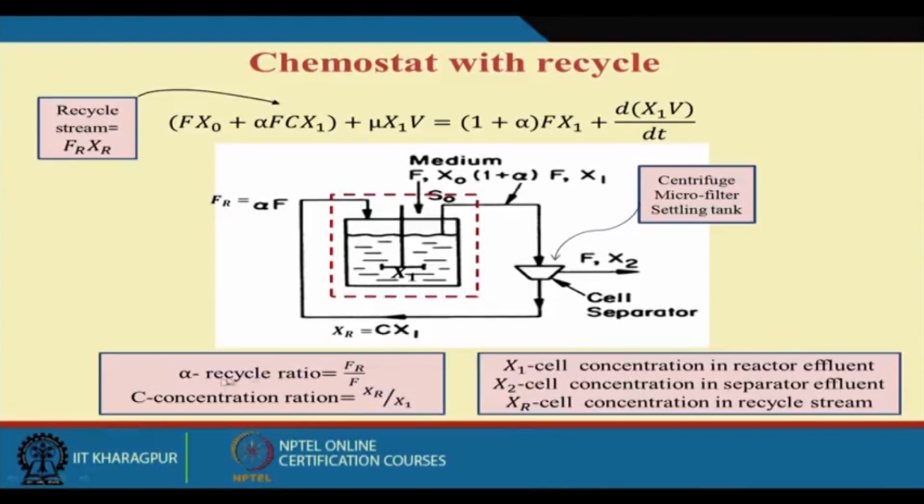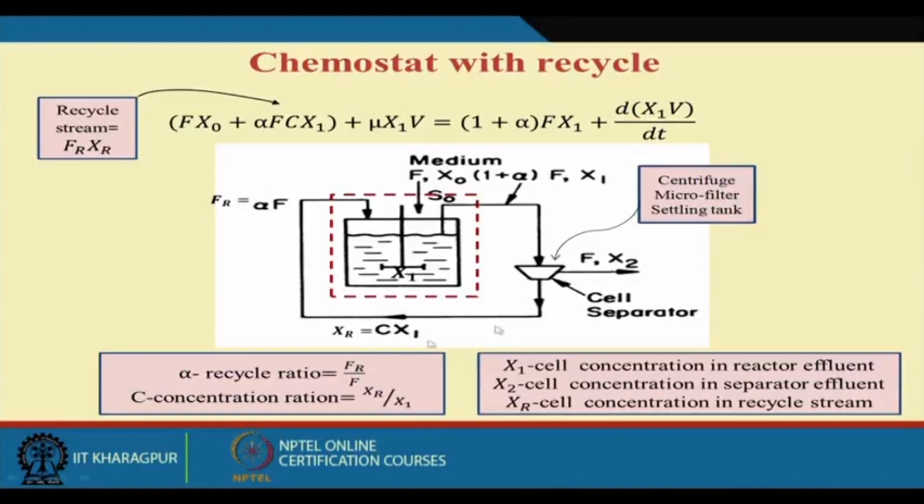Here alpha is the recycle ratio. Whatever cell mass is going out, we pass through a cell separator. A part of the cell mass you recycle back to the reactor, and a part goes out of the reactor, which is called cell mass wasting. Here we can take out the supernatant, and another way we can also take out the supernatant.